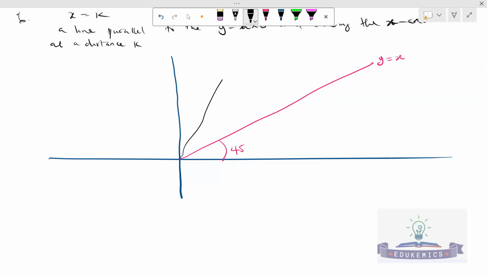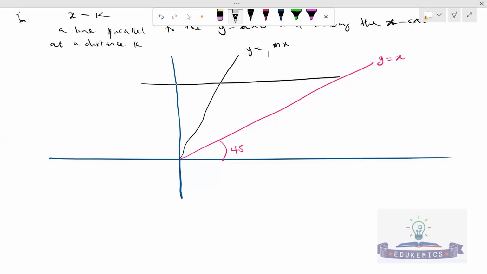This is a straight line, which gives us y equals mx.